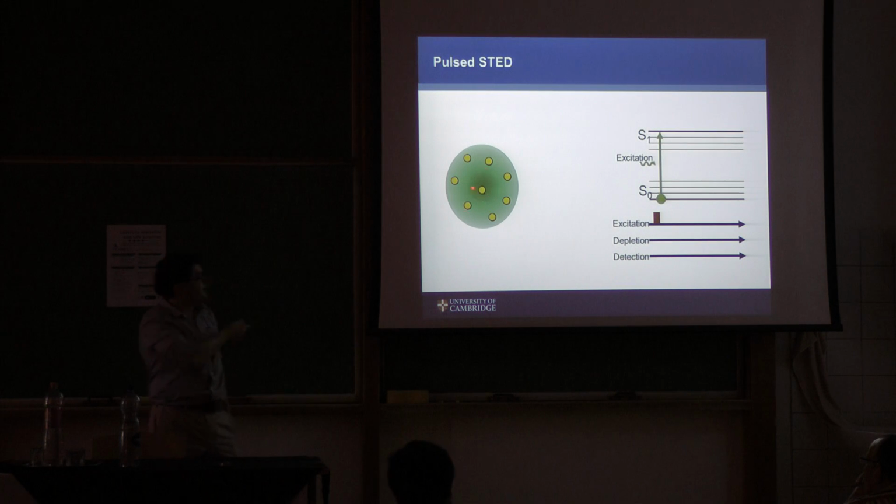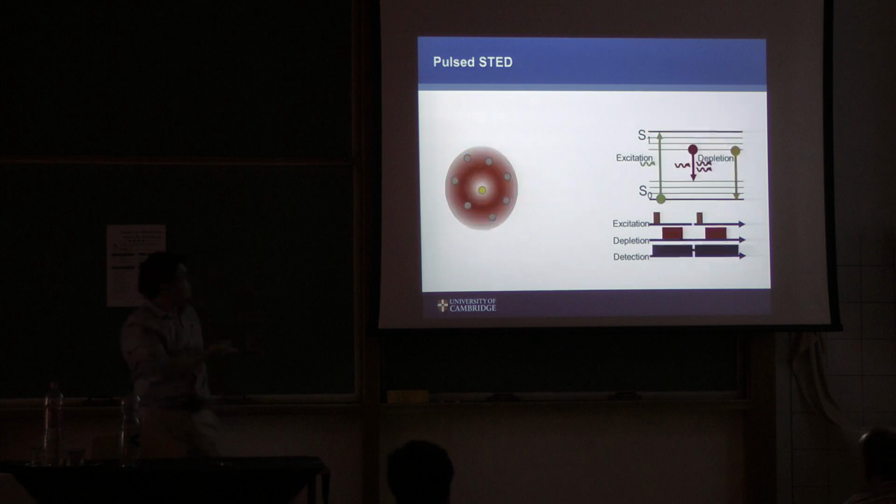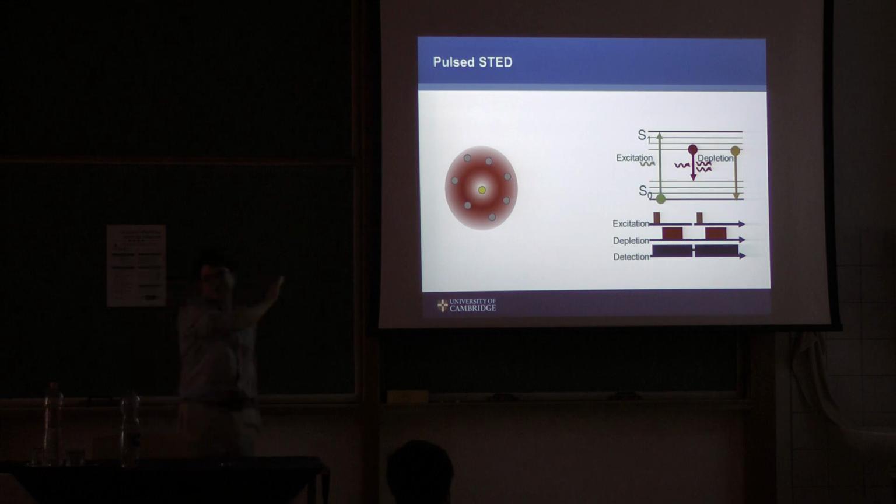So diffraction limitation says I can't make my Gaussian beam any smaller than that. But what it doesn't stop you from doing is making a different shaped beam. And what we do is we make this red donut-shaped laser beam. Diffraction limitation does not stop you from making this red beam.